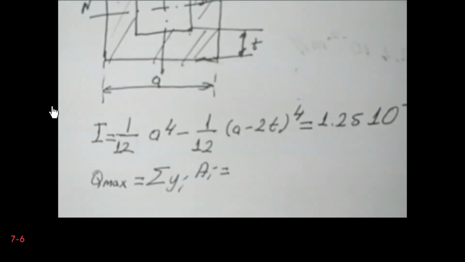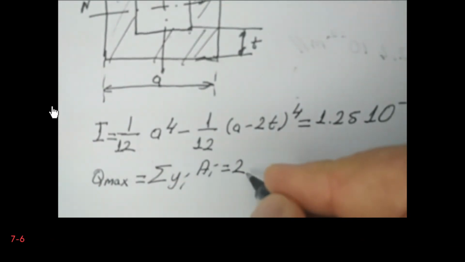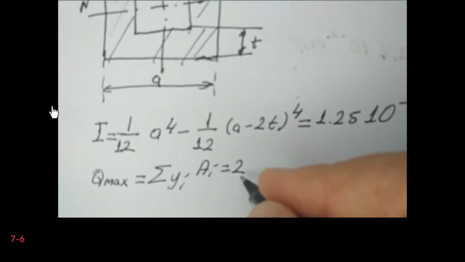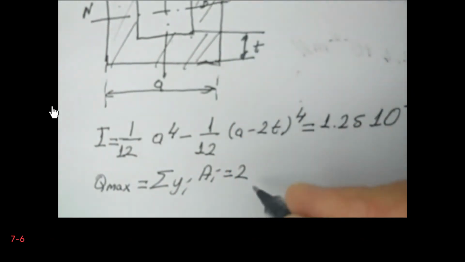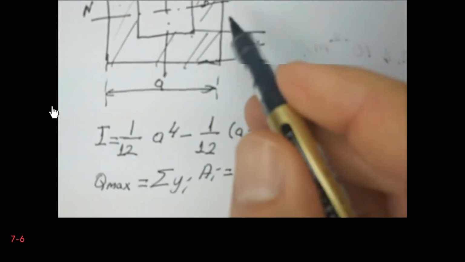We have 2 small squares. Their area is a divided by 4 multiplied by t.